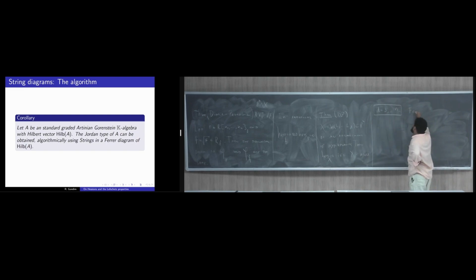From Macaulay-Matlis duality, A is of this form. If we are interested in studying the Jordan type, we have to understand the rank of this Hessian.